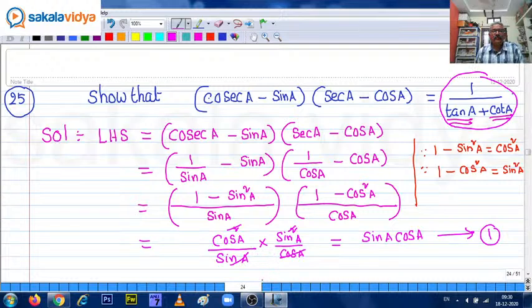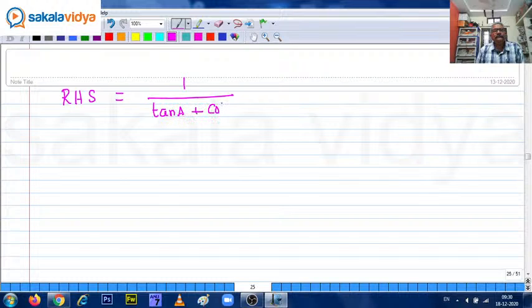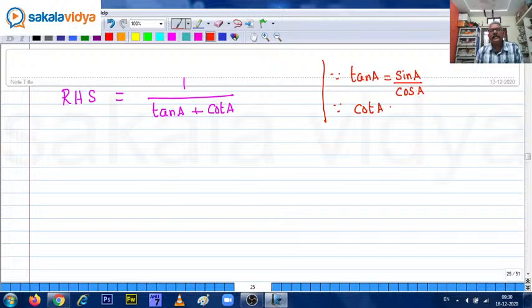So now consider the RHS part, which is 1 upon tan A plus cot A. Recall tan A equals sin A upon cos A, and cot A equals cos A upon sin A. Let us substitute these values and simplify.